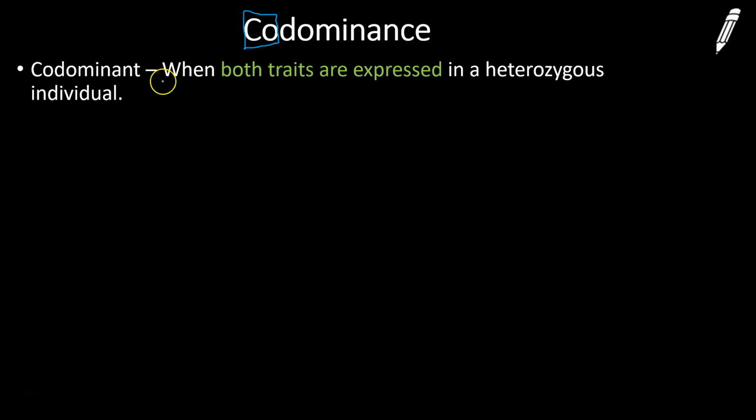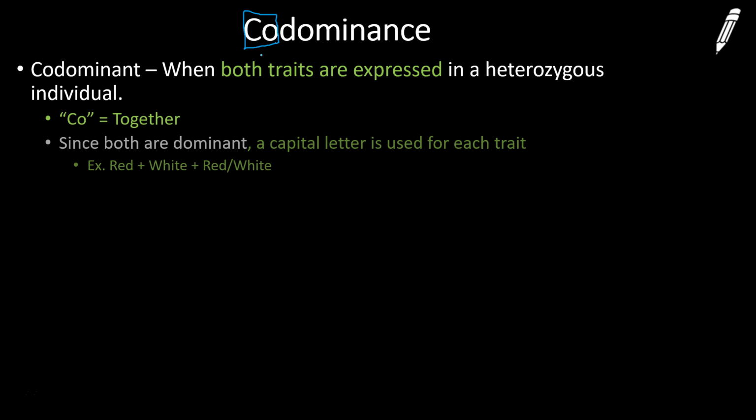So codominance is when both traits are expressed equally in a heterozygous individual. Again, co means together. Since both are dominant, one does not overpower the other, and a capital letter is used for each trait. So in a pattern of codominance, red plus white equals both red and white expressed together.